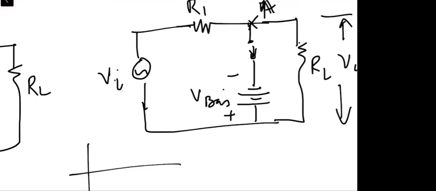For the whole of the positive cycle, the output is being held at minus V bias.